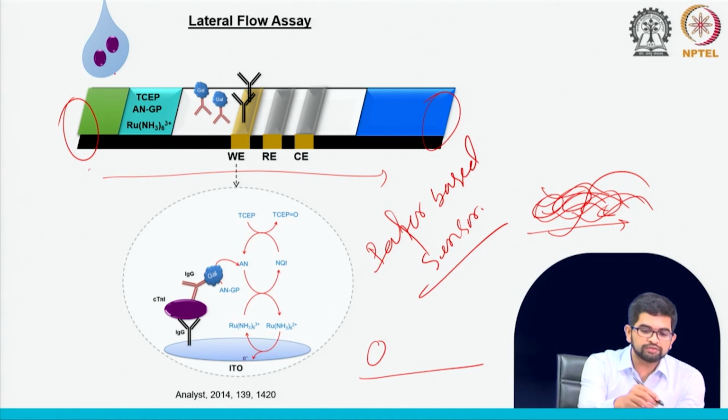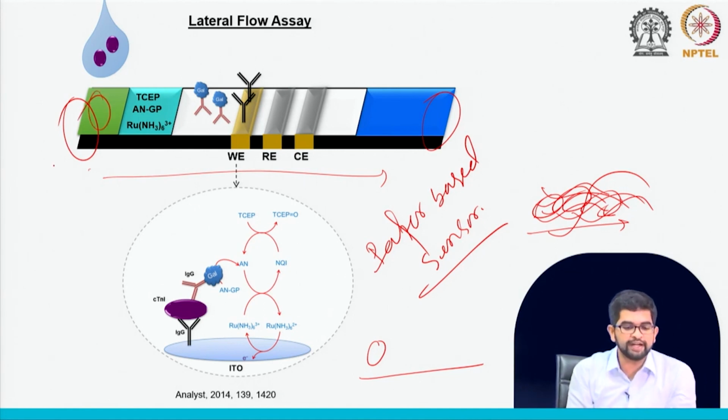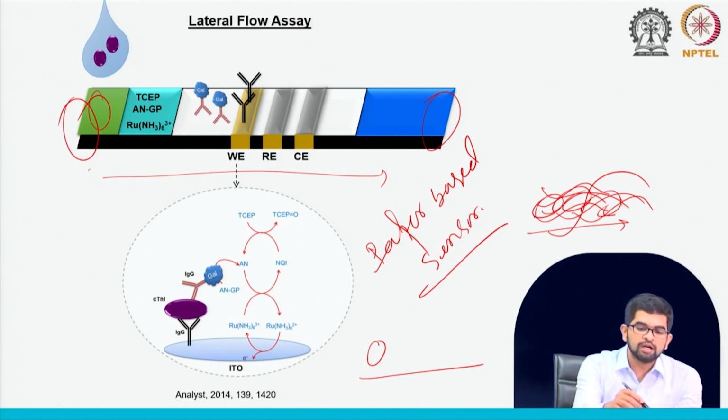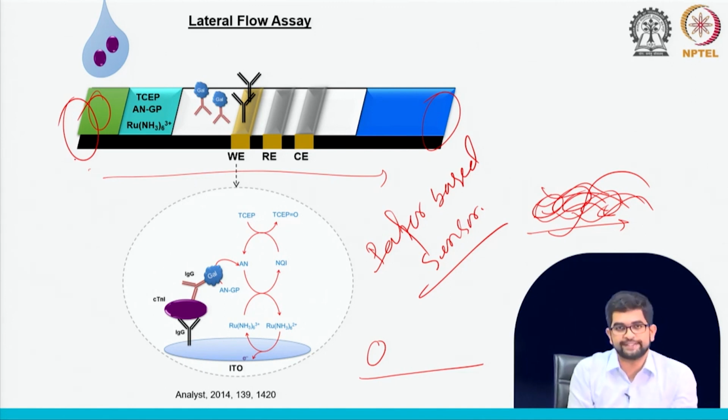If you drop your sample on one end of the paper, because of the lateral flow it will start. You need different kinds of chemicals, as I told. So, we can design an electrochemical lateral flow assay. The pregnancy test kit is also a lateral flow assay, but they are colorimetric, showing a change of color. But first I want to show you the electrochemical lateral flow.